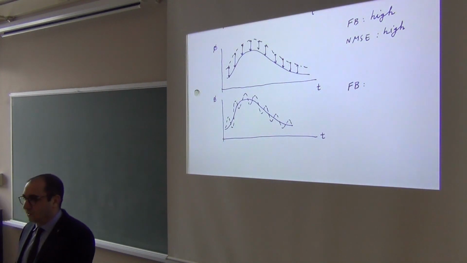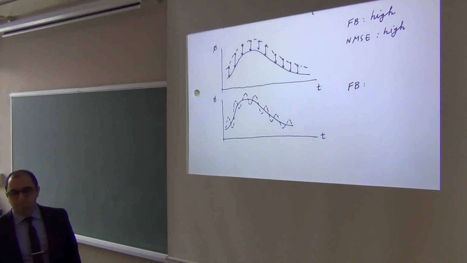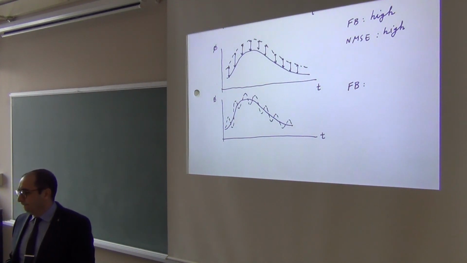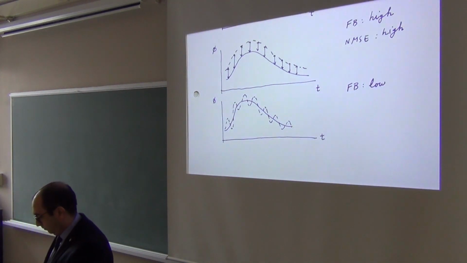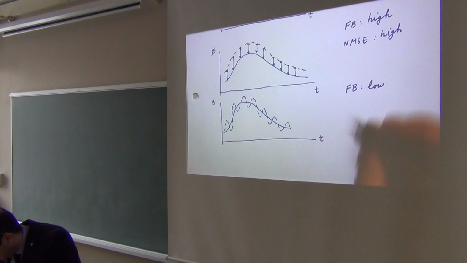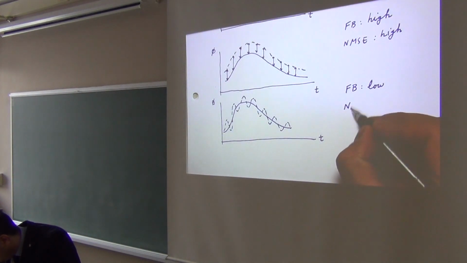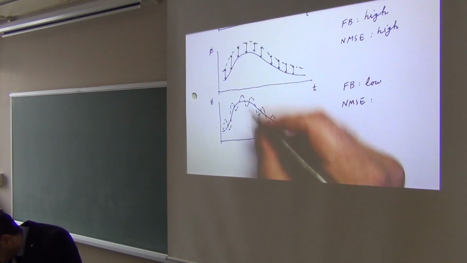Is bias in this low or high? Anyone? Is there a systematic shift between the prediction and observation? Low. Systematic, you said it's low. There's no systematic shift. But what about NMSE? This is high because there's a lot of scatter.